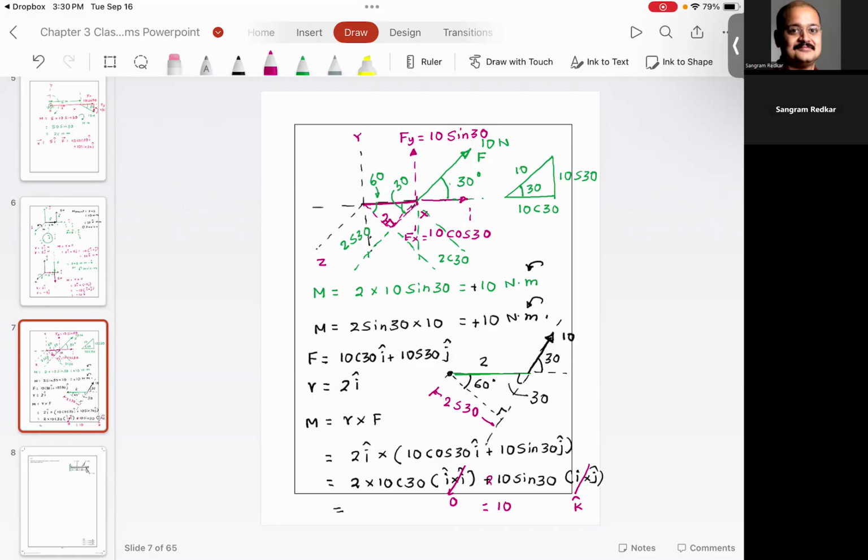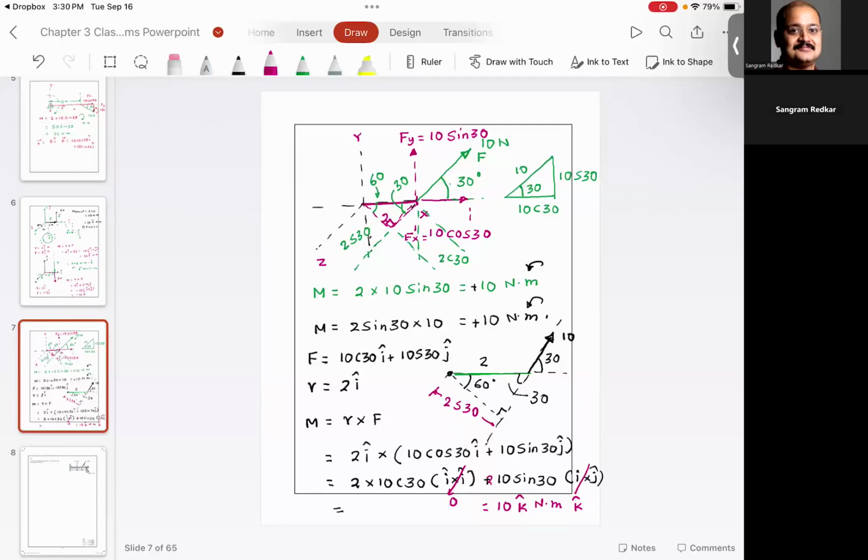Yeah, I forgot to multiply the 2 on the same side. So 2 times 10 sine 30 is 5. 5 times 2 is 10. 10k. That was a mistake. Probably you said the same thing, right? Okay, I couldn't hear you.